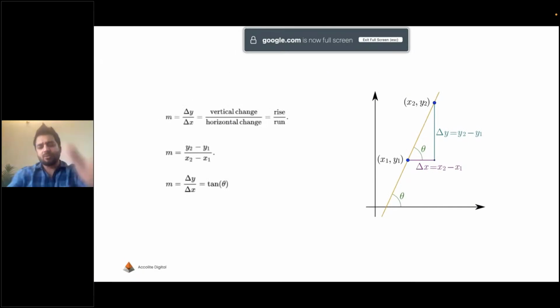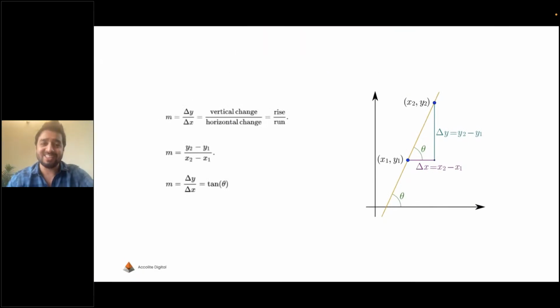Don't get confused by equations and stuff, but this is what I've been telling you: how much vertical change is happening with respect to how much horizontal change is happening. The easiest way of calculating slope is to take some point on the hill and some point on the ground.